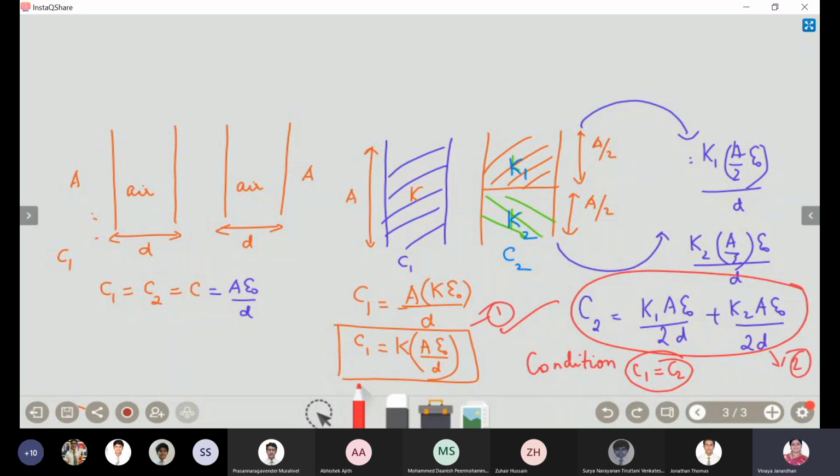Just check what K1 and K2 will be in terms of K when you are equating these both. Yeah, correct. K1 plus K2 by 2 equal to K. That's it.